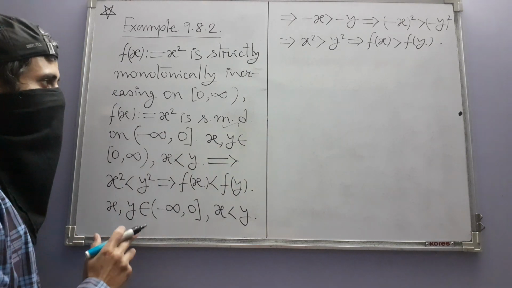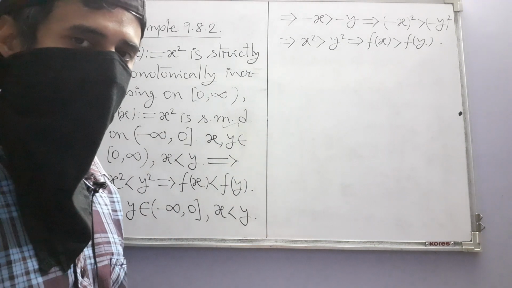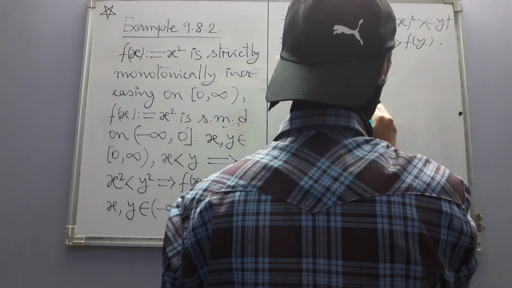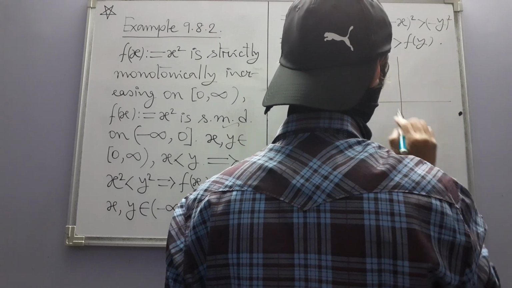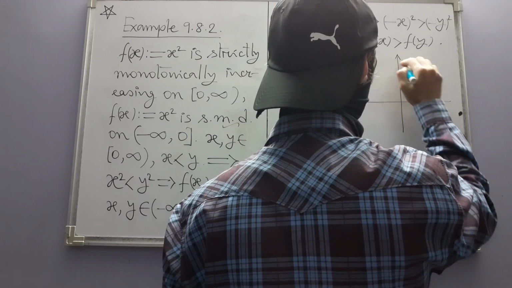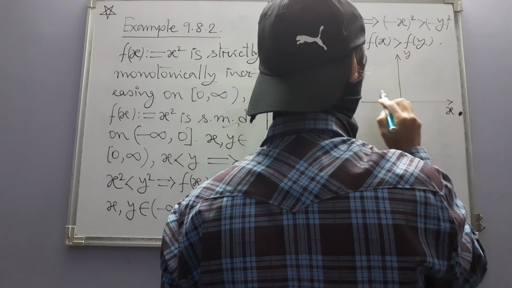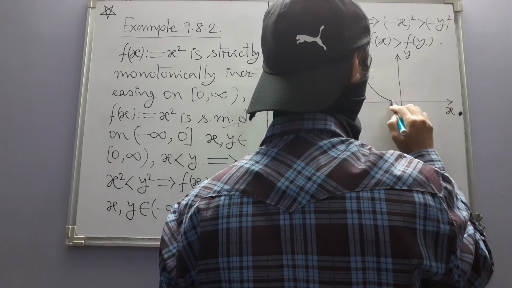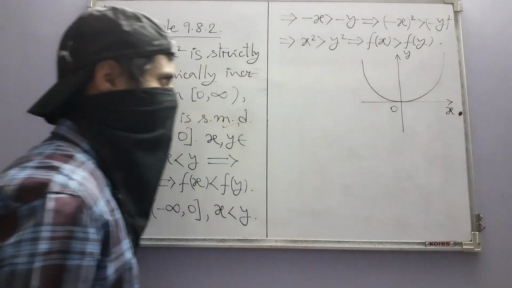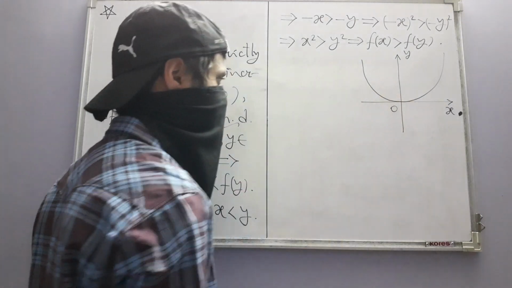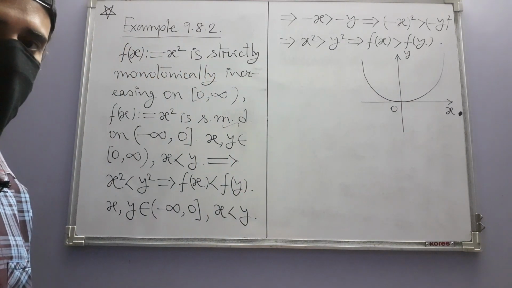But a quicker way of seeing why that is the case is to just simply draw the graph of the square function. You know that it is this parabola which opens upwards and it passes through the point 0, 0.